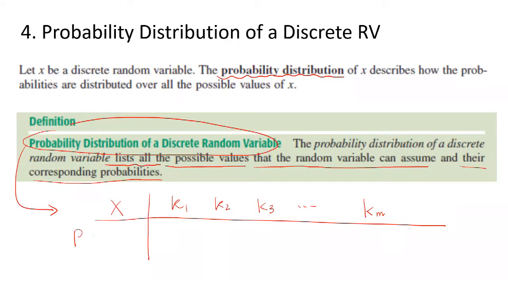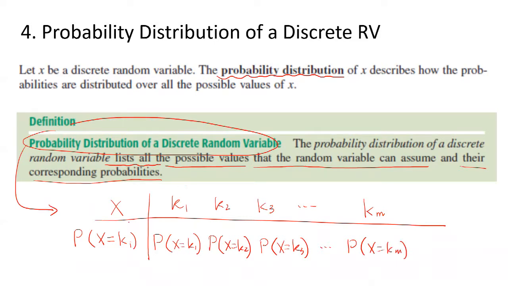And on the second row, we list the probability of x being any number ki. So here we list the probability of x being k1. Here we list the probability of x being k2. And in a similar way, we list all the probabilities of x being any value.